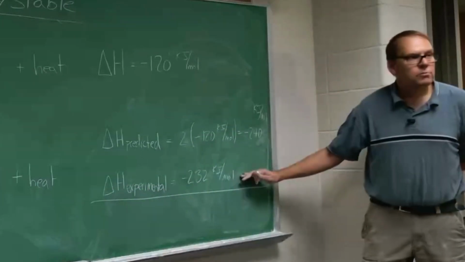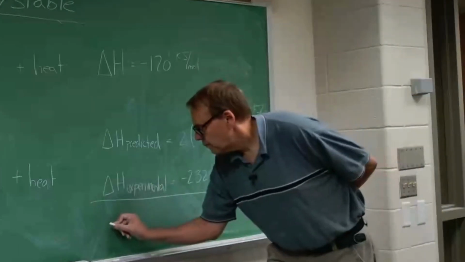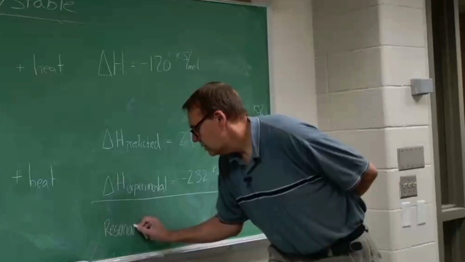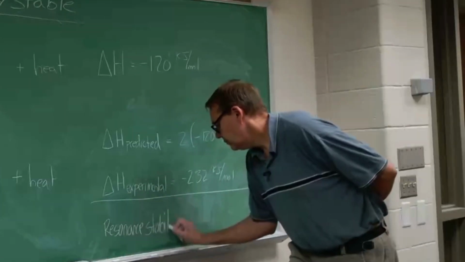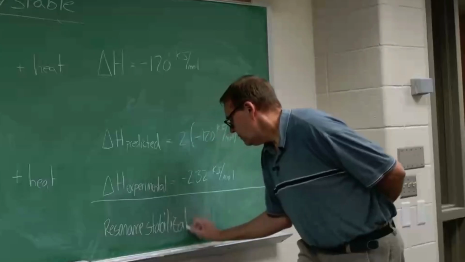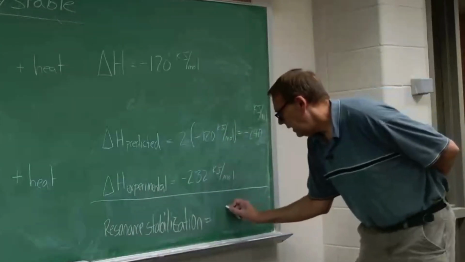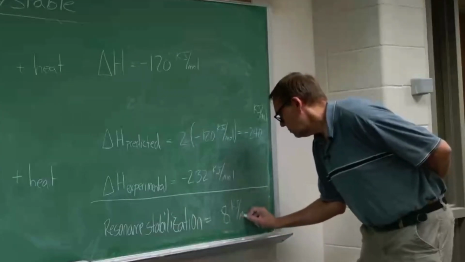The conjugation provides some stability, so the difference here is resonance stabilization, equal to 8 kilojoules per mole.